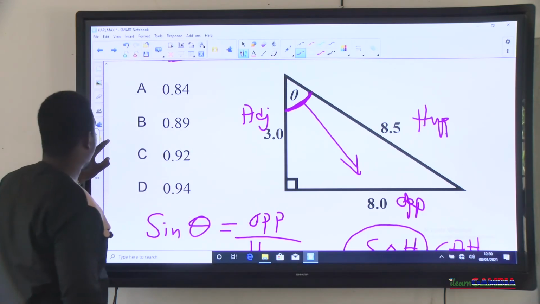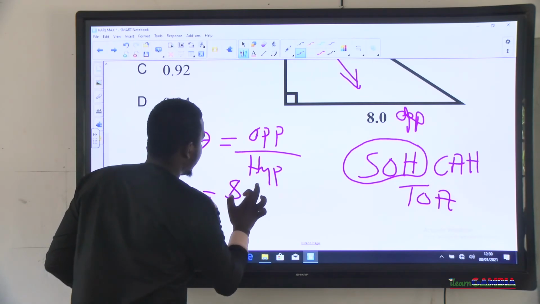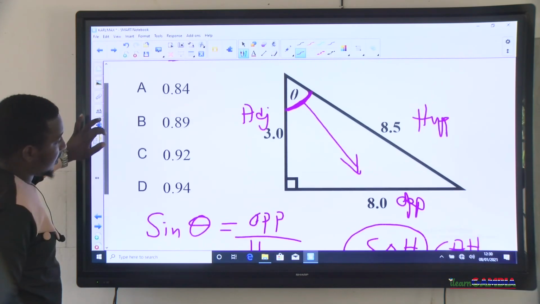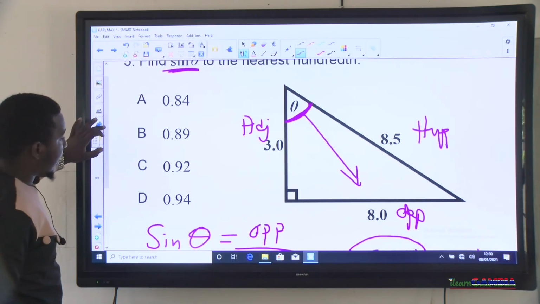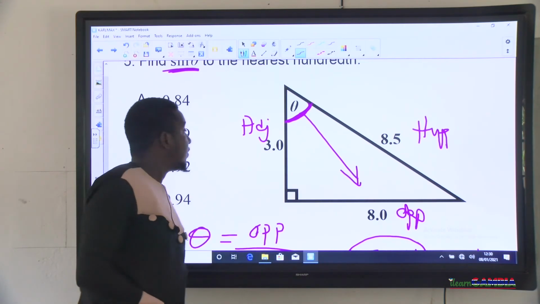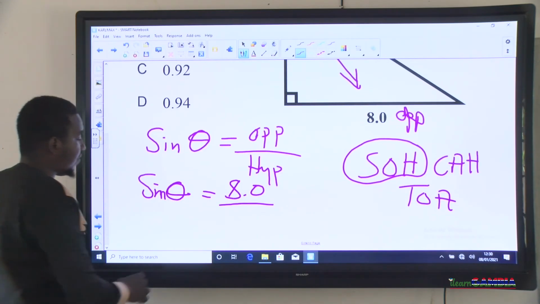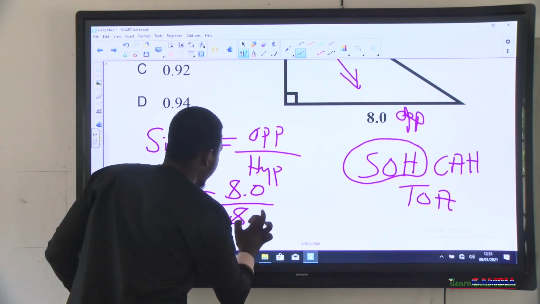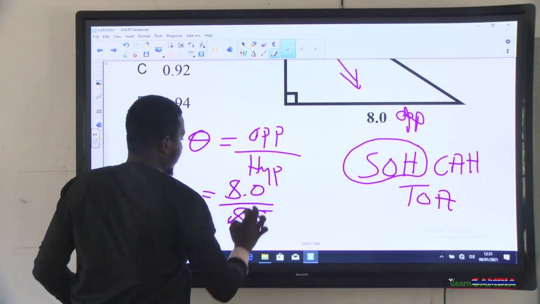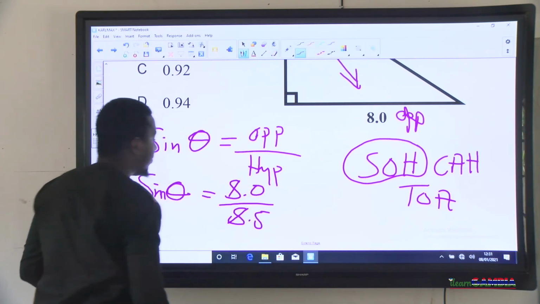We are going to have 8.0 divided by the hypotenuse, and the hypotenuse is 8.5.